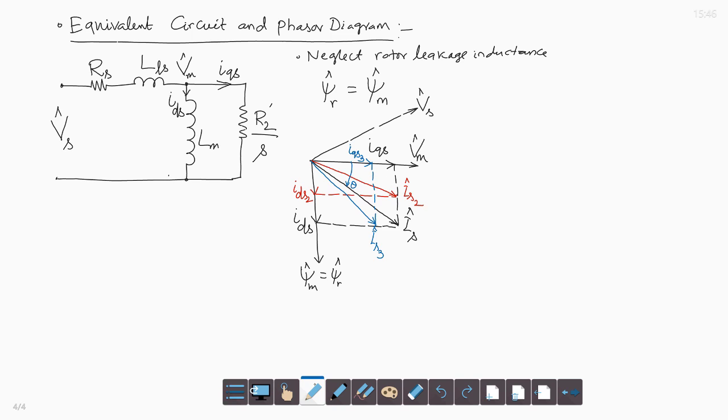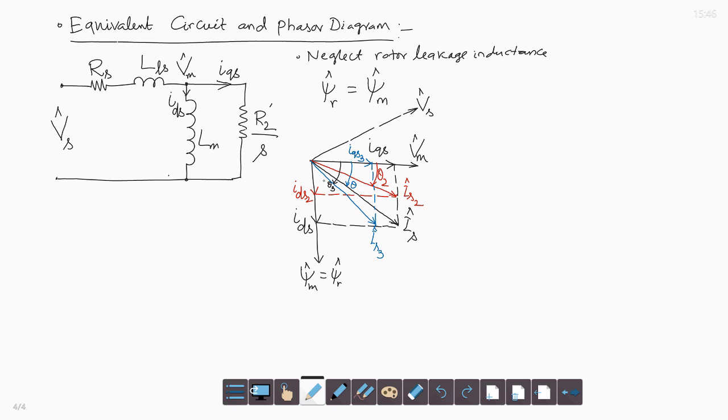So, its angle changes to theta 2, and when we changed the torque component of the current, its angle changed to theta 3. So, we control the magnitude of the current as well as the phase. So, we control the current as a vector.